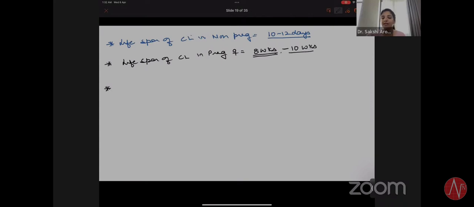So lochia is nothing but shedding of endometrium after delivery.